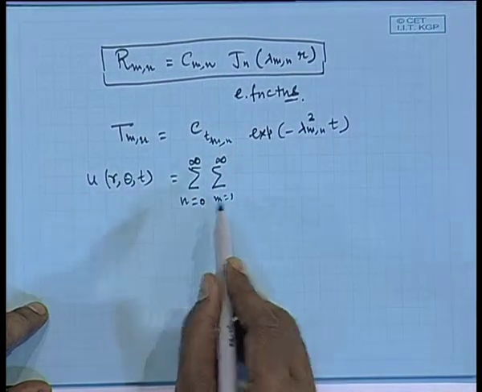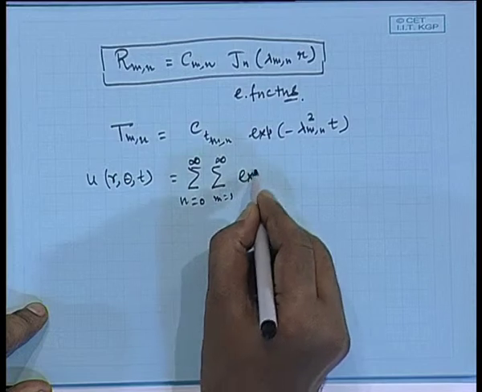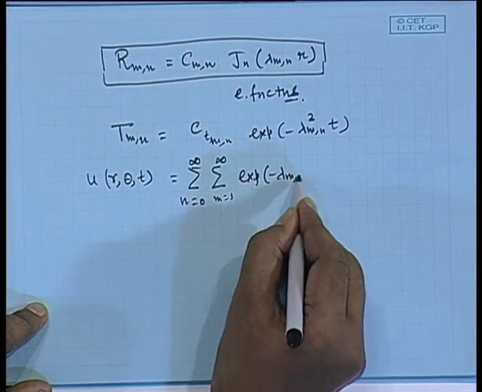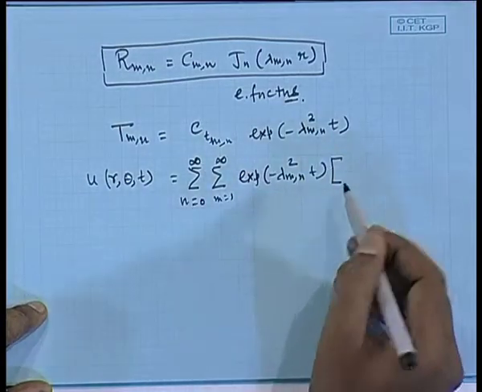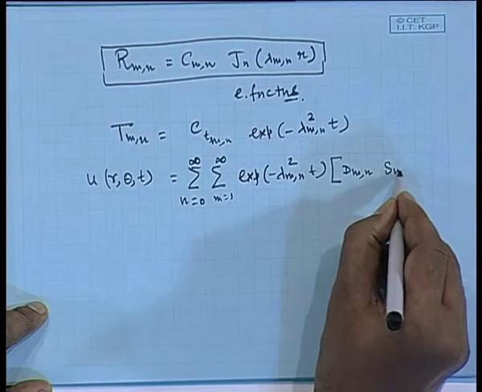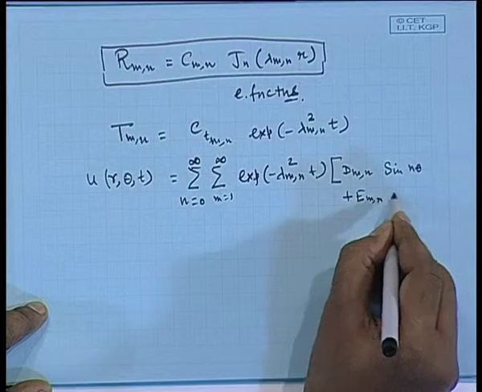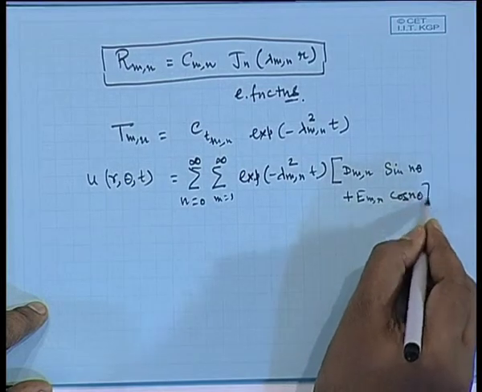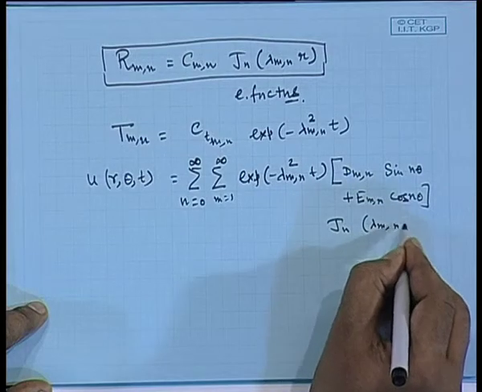For every n, m runs from 1 to infinity. So, this will be exponential of minus lambda_mn squared t. Now, multiply all the constants, so new constants emerge: d_mn sin n theta plus e_mn cosine n theta, times J_n(lambda_mn r).